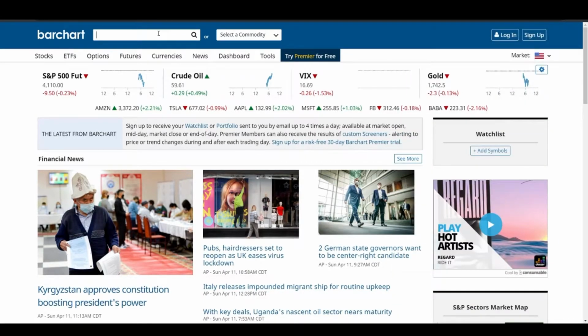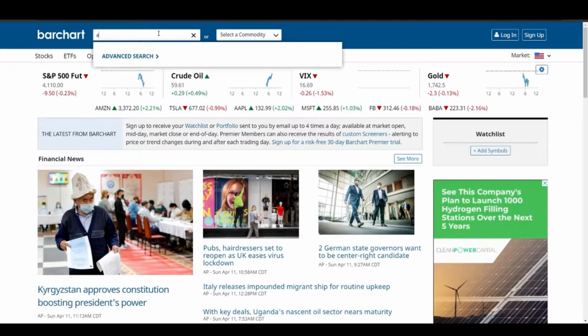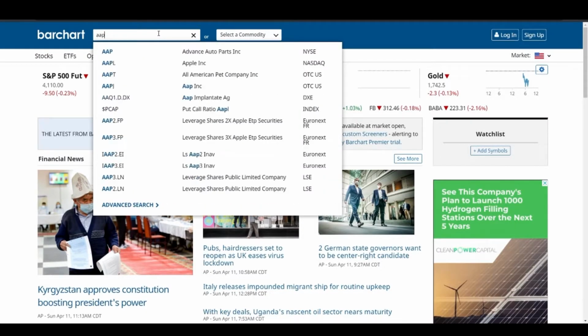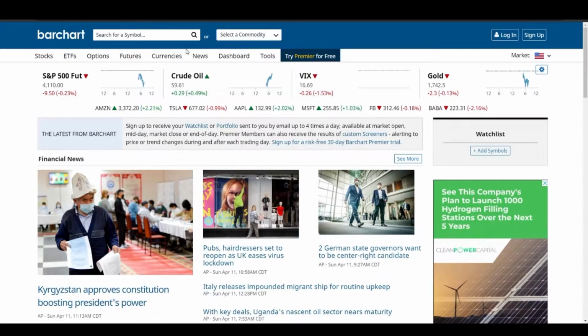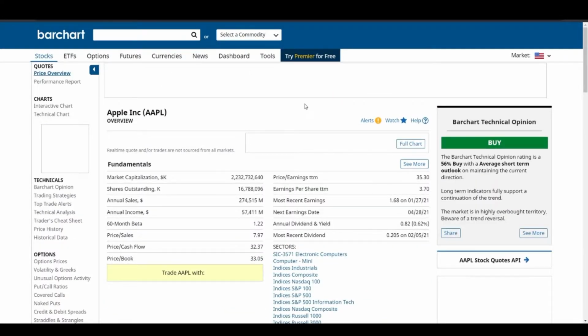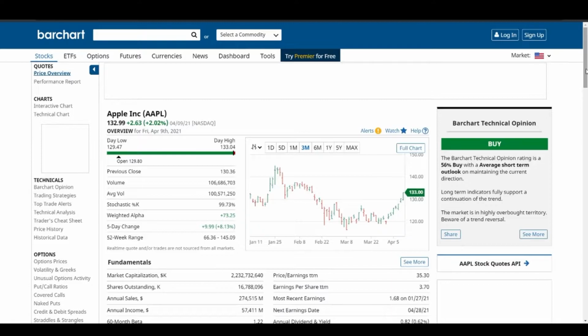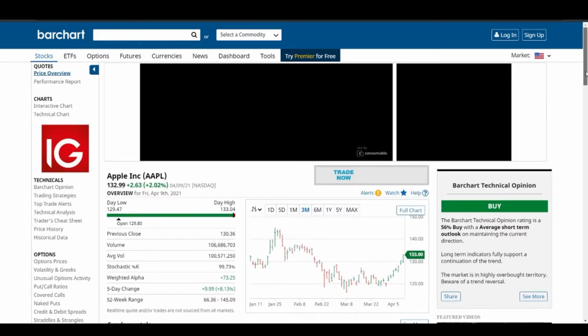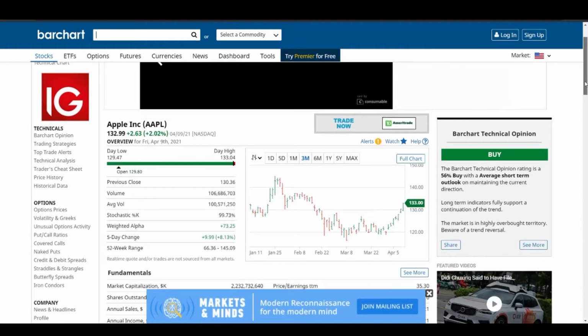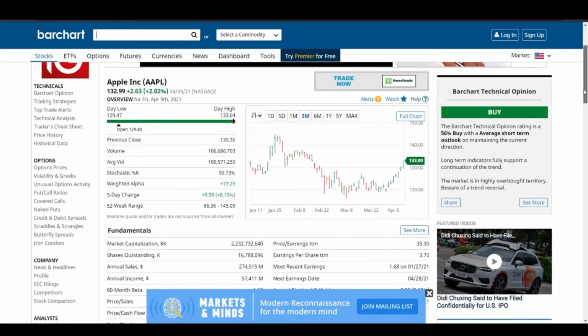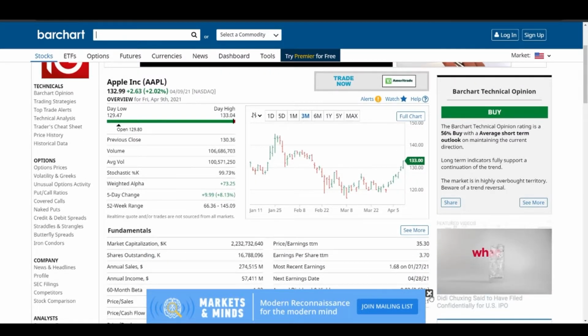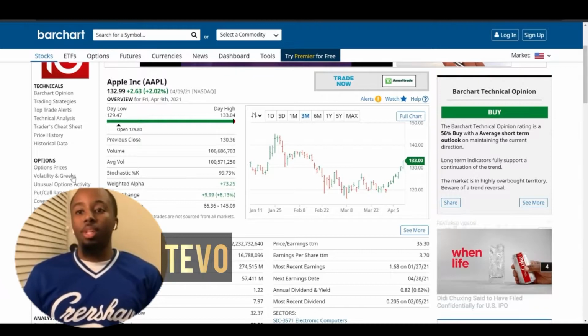One of the things that I like to utilize is another chart on Barchart. I'm going to open this up, select Apple again, and this is something else that was gifted to us by Mark Monroe and further expanded on by one of his mentees, TiVo.